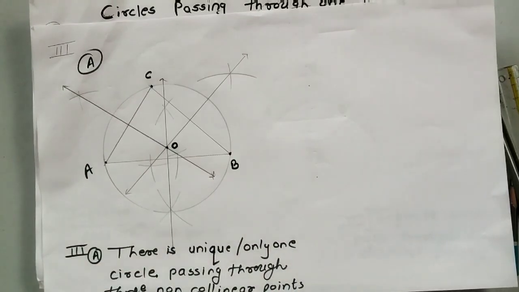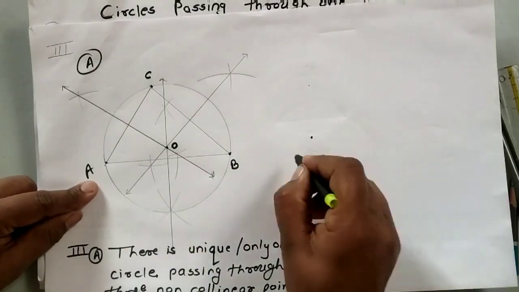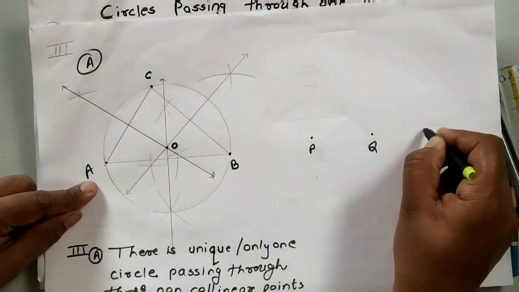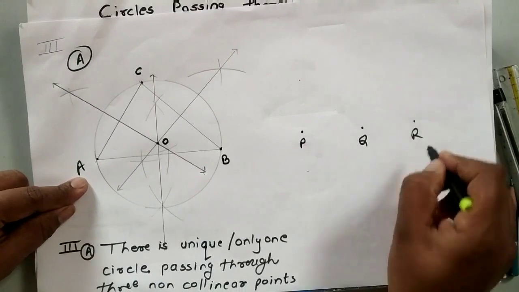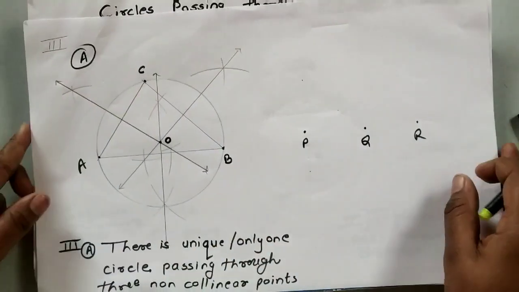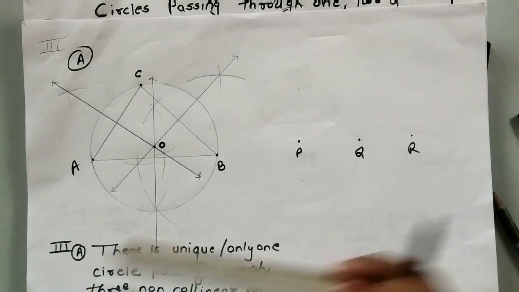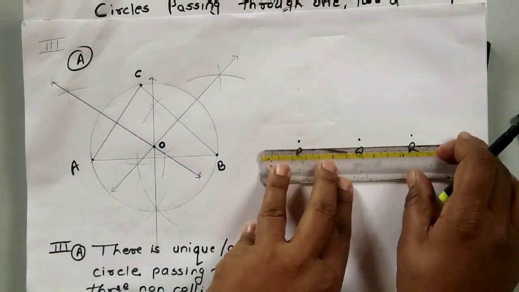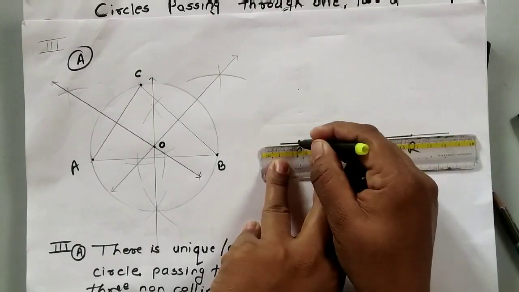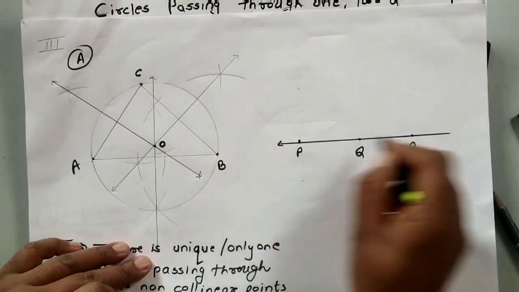Suppose I take 3 points, but they are collinear. Suppose I took this point here, that is point P, one more point here, Q, and one more point here, that is R. You know the definition of collinear and non-collinear points. So these 3 points are in one line.